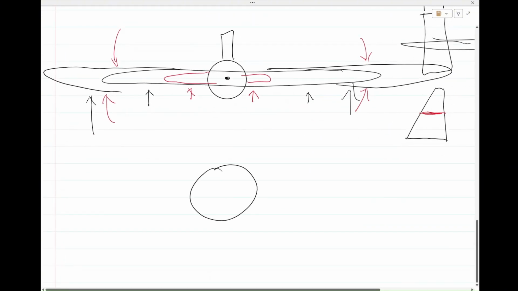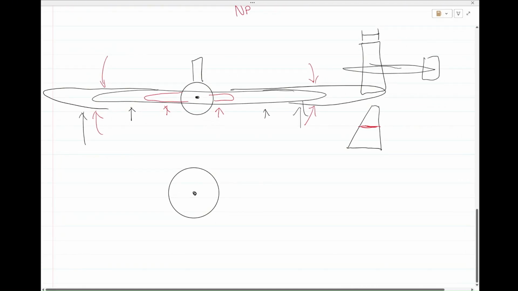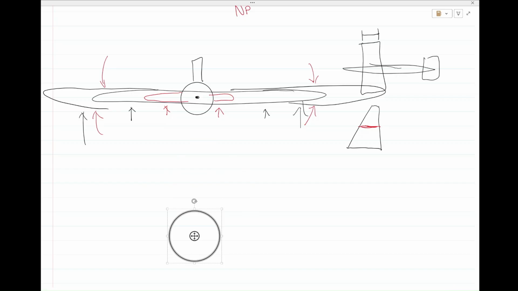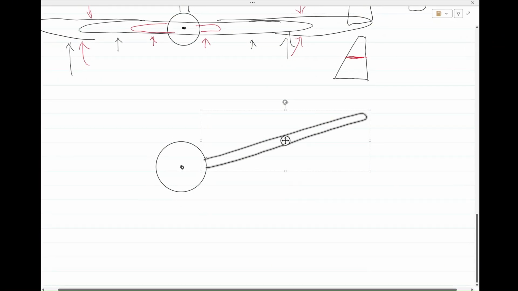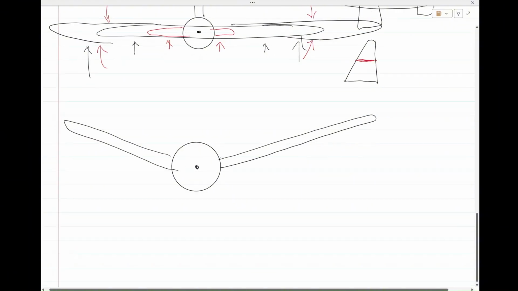How can you improve your rolling stability? Let's say you have, again, your nose and your wings, and you add a dihedral. A dihedral is when your wings are tilted up like this.